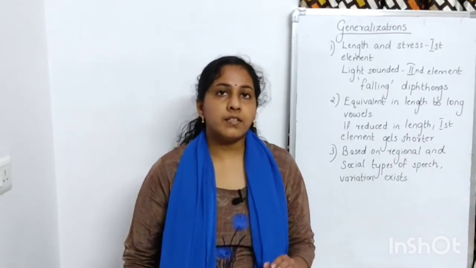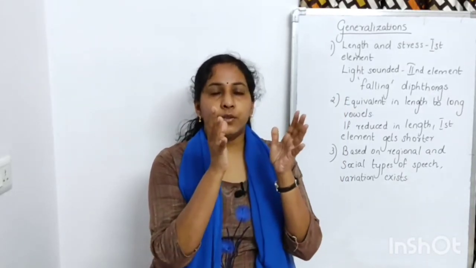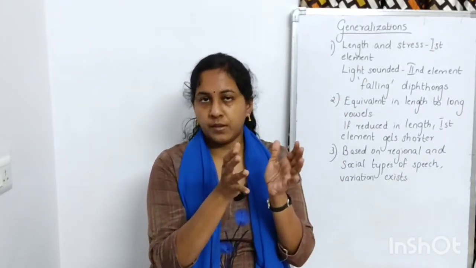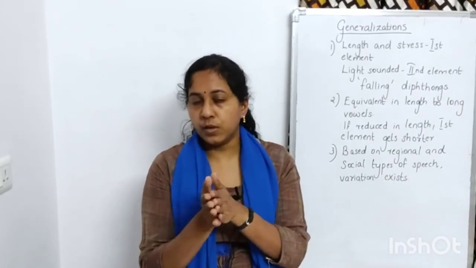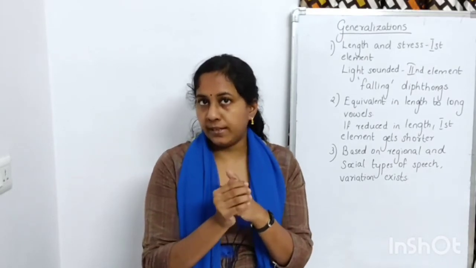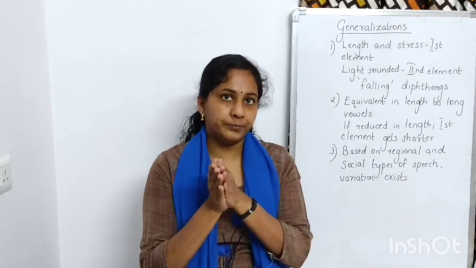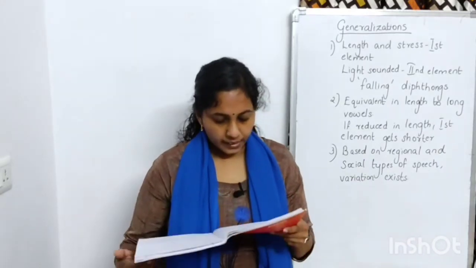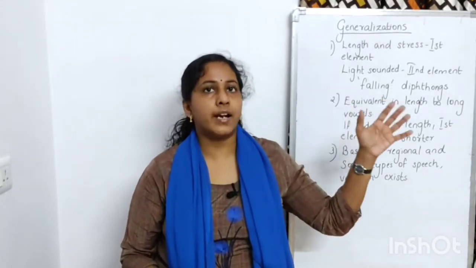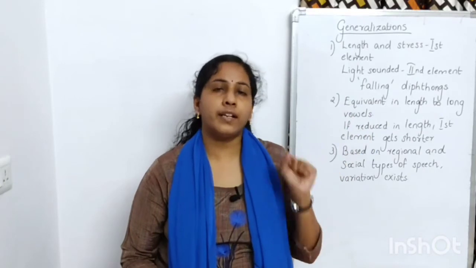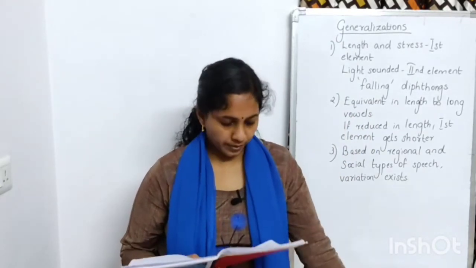We already saw in the first generalization that the first element is usually stressed and long, and the second element is falling, light sounded. But if the length of the diphthong is already shortened, the first element, which is usually long, will be shortened if the whole diphthong is short. That is the second point.